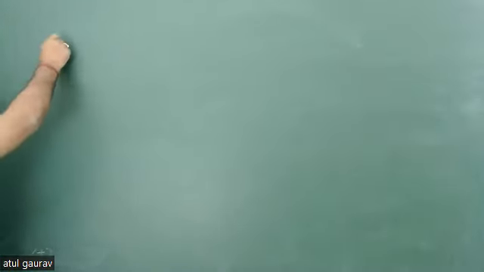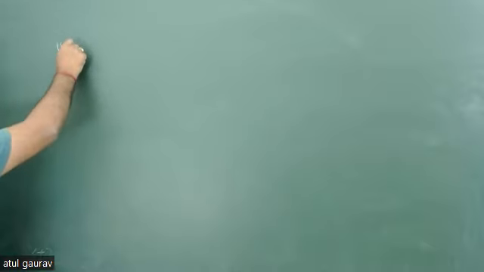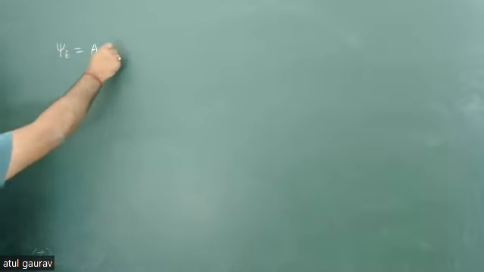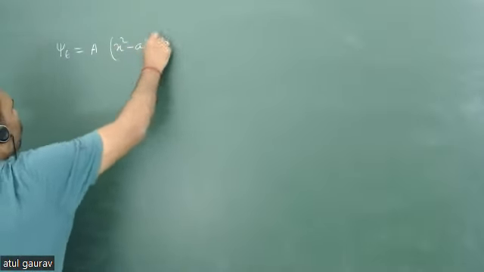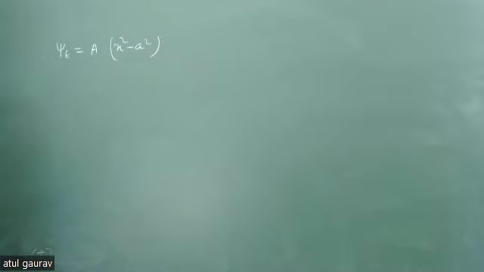So I have a trial wave function, and that trial wave function is a square minus x square. Let me check.